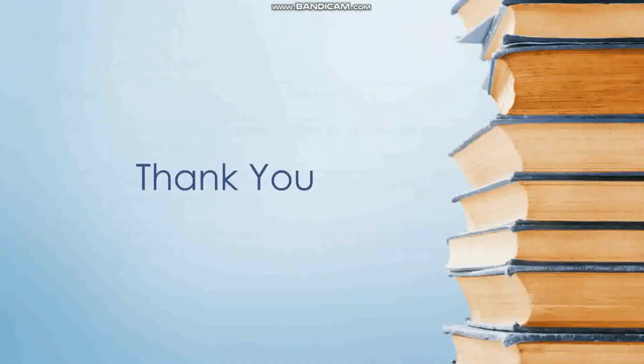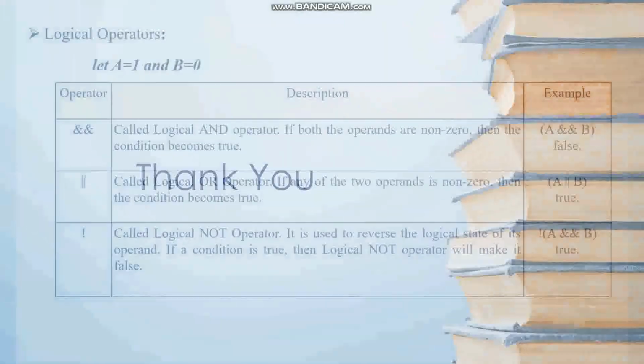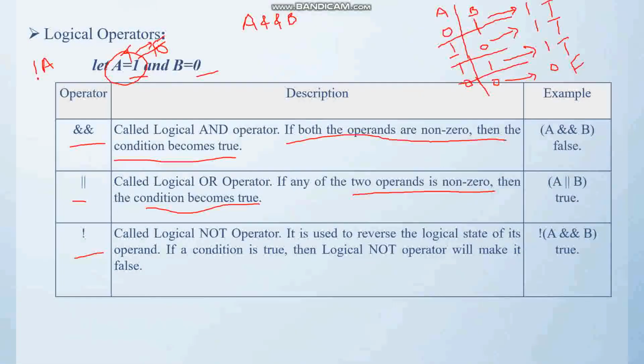We use these logical operators frequently in conditional statements and looping statements, so we will cover these operators in detail when we cover the topic of conditional and looping statements.